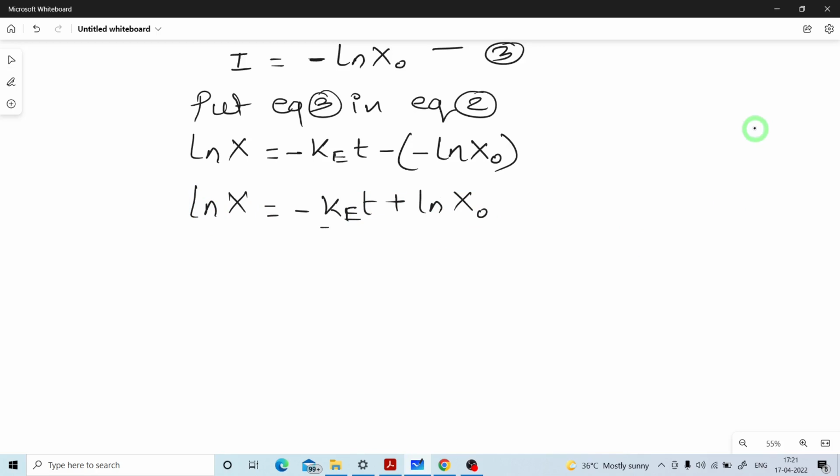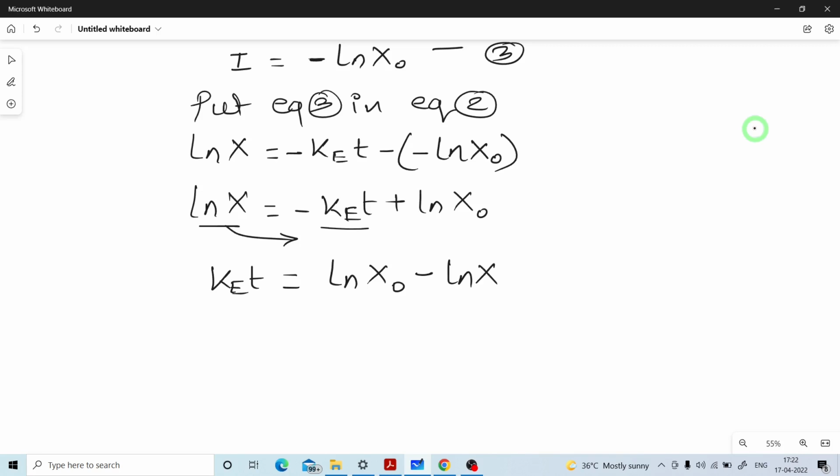If we take ke t towards the left-hand side, the minus will become plus, so we get ke t is equal to natural log of x0, and when you take natural log of x towards the right-hand side, it will become negative, so minus natural log of x.